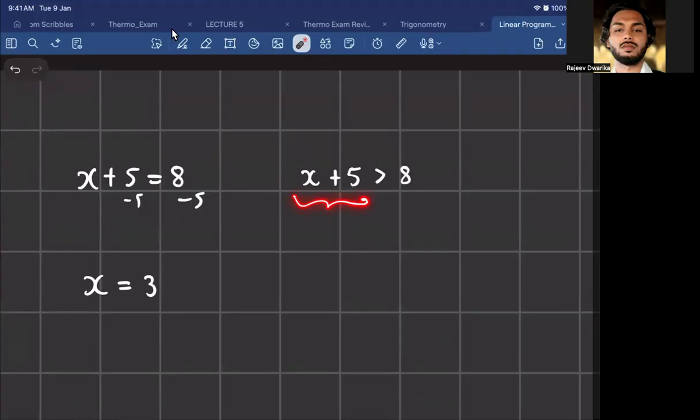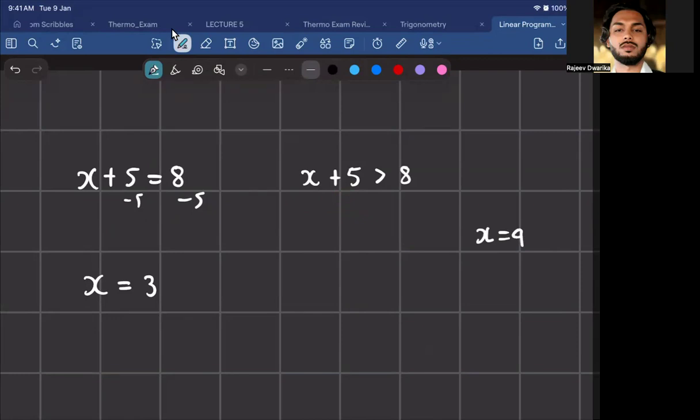Sienna, you said that x equals 9 as an answer. Yeah, that's the answer. Sahara, give me another answer. 12.